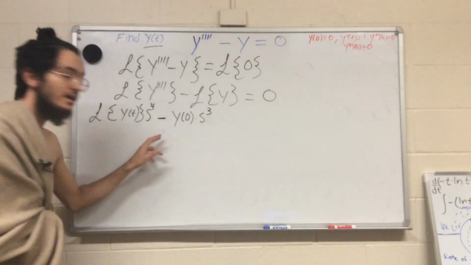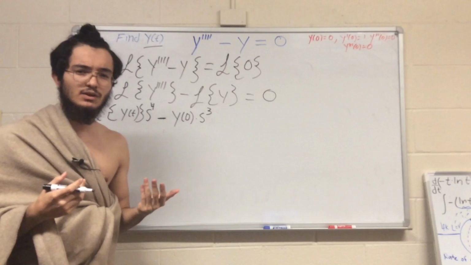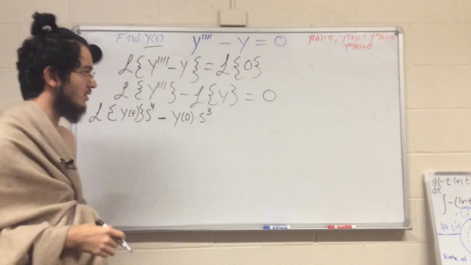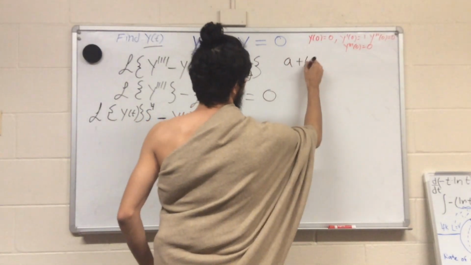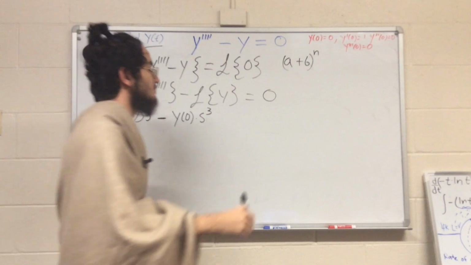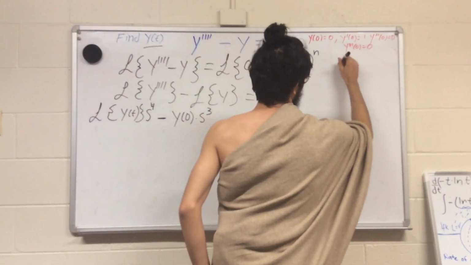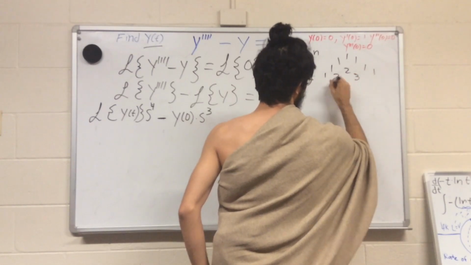You see the pattern here is actually analogous to binomial expansion. What do I mean by a binomial expansion? It's basically when you say a plus b to the power of n. You have to use Pascal's triangle in order to expand a binomial. So you do 1, 1, 1, 1, 2, 1, 1, 3, 3, 1, and so on.